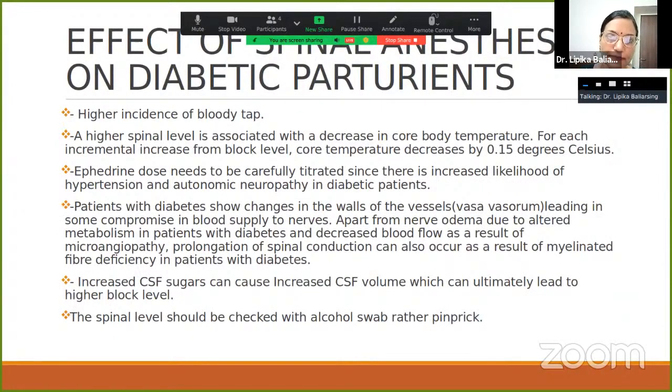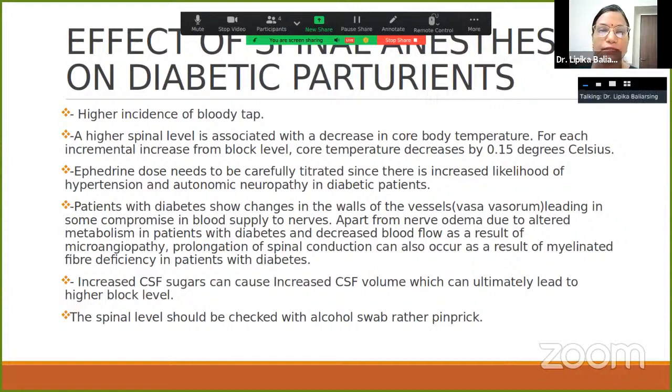spinal anesthesia on diabetic parturients, it is seen that there is a very high incidence of bloody tap in diabetic parturients, and a higher spinal level is associated with a decrease in core body temperature. For each incremental increase in block level, the core temperature decreases by 0.15 degrees Celsius. So what is the significance of this?